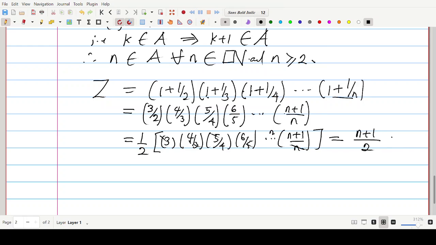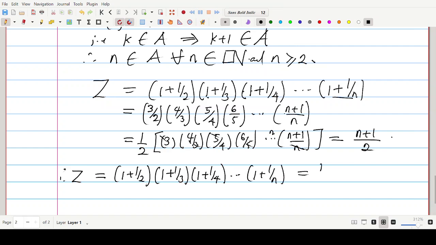So we can now say, therefore, my Z, which has the expression 1 plus 1 over 2 times 1 plus 1 over 3 times 1 plus 1 over 4 until it gets to 1 plus 1 over n, is equal to n plus 1 over 2. But this is not a satisfactory statement. It has to be proven by using mathematical induction.